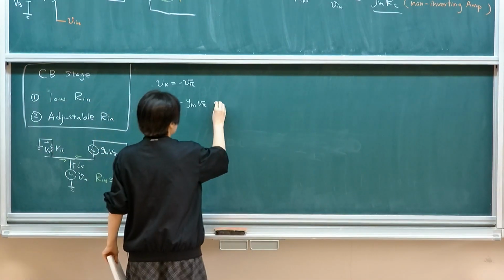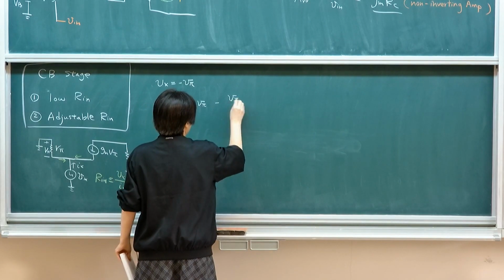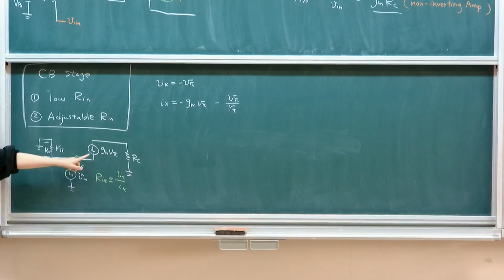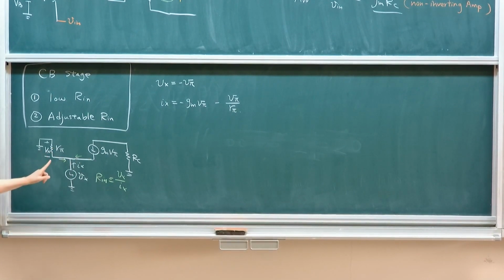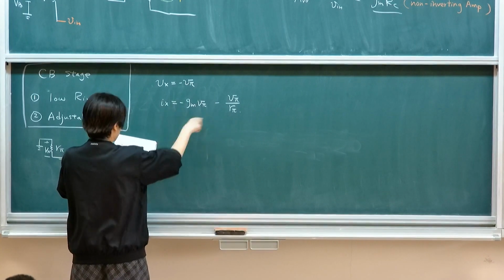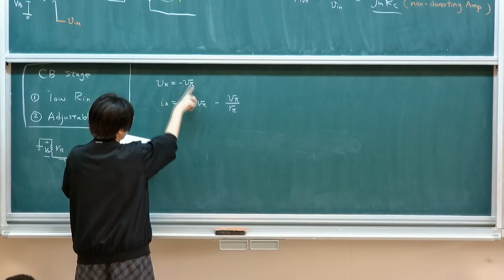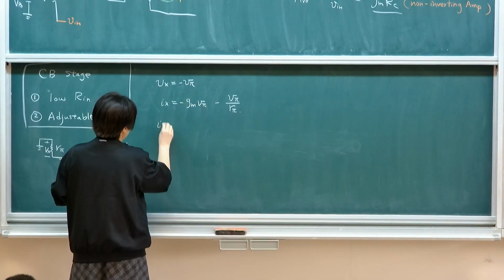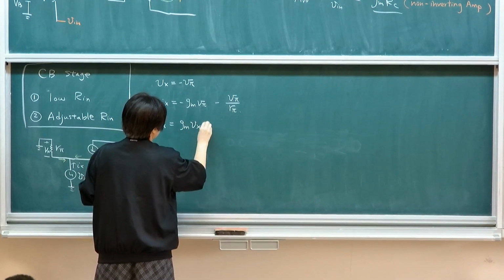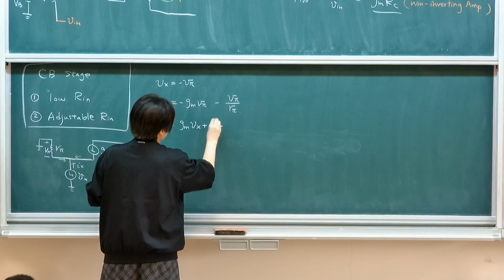So there will be minus V pi over R pi. Okay, current coming from collector is gmV pi. Current coming from base is V pi over R pi. Two branches of current. Therefore, after some exercise, you simply substitute this, so Ix will then become gmVx plus Vx over R pi.